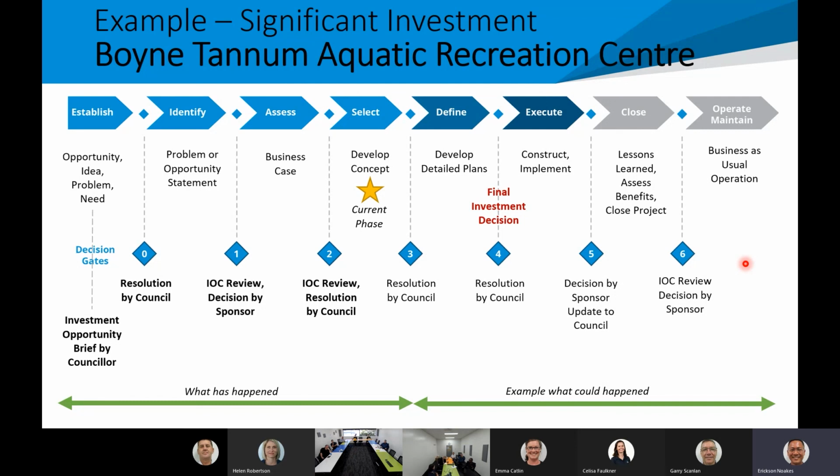So whilst the final investment decision is made, the project may sit there until the capital is realised. Yeah, absolutely. So building into IPP the ability to say we've got gate 4 approval, however it's on hold subject to XYZ. Very good point, Erickson.